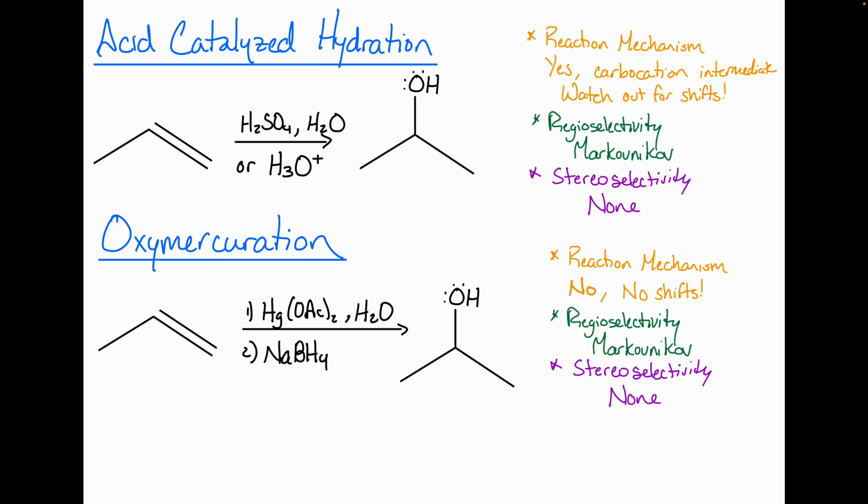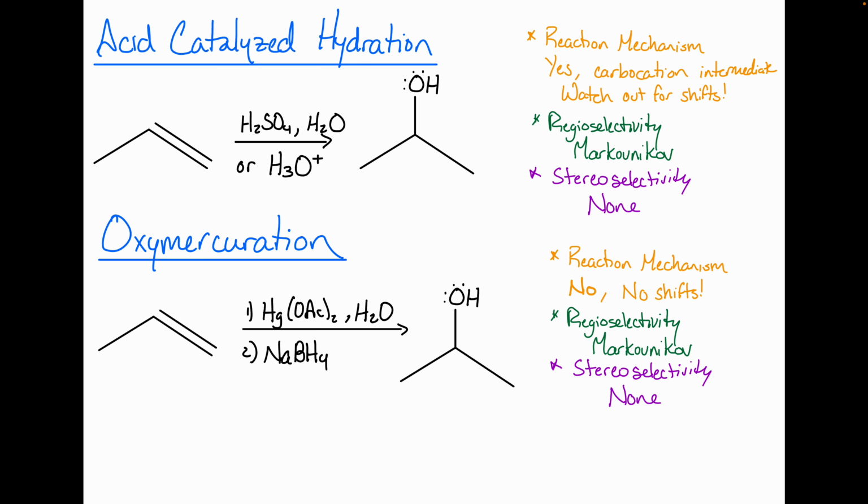All right, so to be clear, the only difference between these two here would be that carbocation intermediate where we can get these intramolecular rearrangements, these hydride or methyl shifts. Right? With our oxymercuration reaction, we don't have that problem. Practically speaking, then why would I ever do an acid catalyzed hydration? Because holy cow, is that way cheaper.